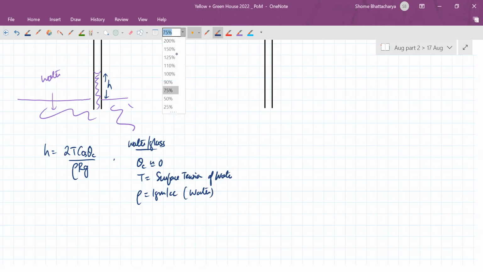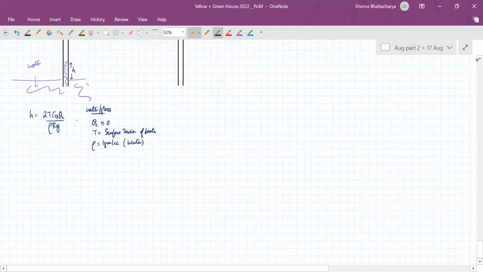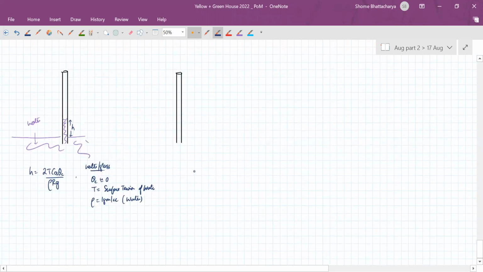It is the same thing if we insert this in mercury. What we'll observe is that the mercury level actually goes down inside, because the meniscus is the other way. Meniscus is an outward bulge like this.